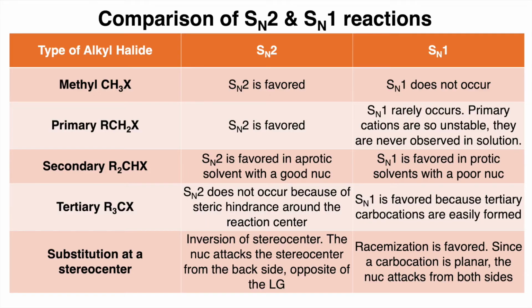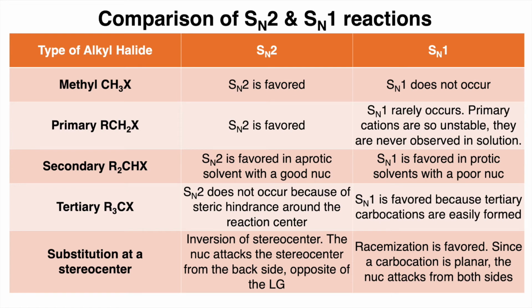So, to compare SN2 to SN1, here's a chart comparing the types of electrophiles, or alkyl halides. If you had a methyl alkyl halide, SN2 is favored and SN1 will not occur. If you had a primary alkyl halide, SN2 is favored and SN1 rarely occurs. If you had a secondary alkyl halide, SN2 will occur if you had a polar aprotic solvent with a good nucleophile.